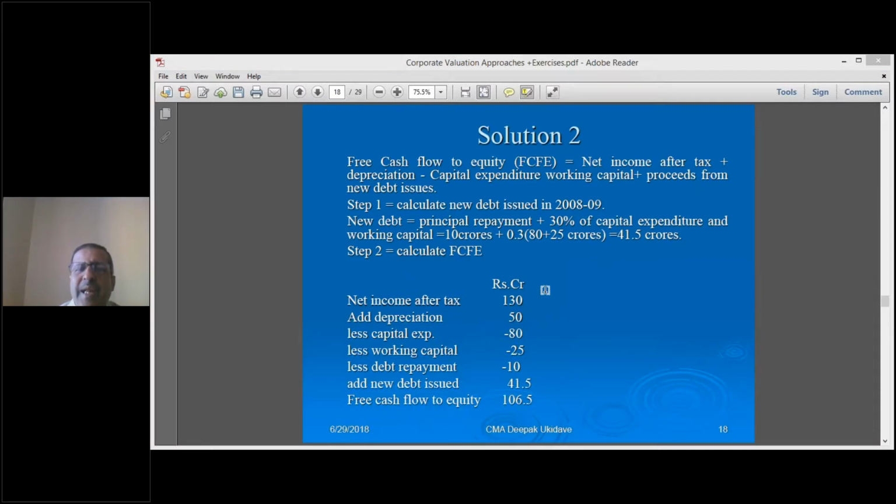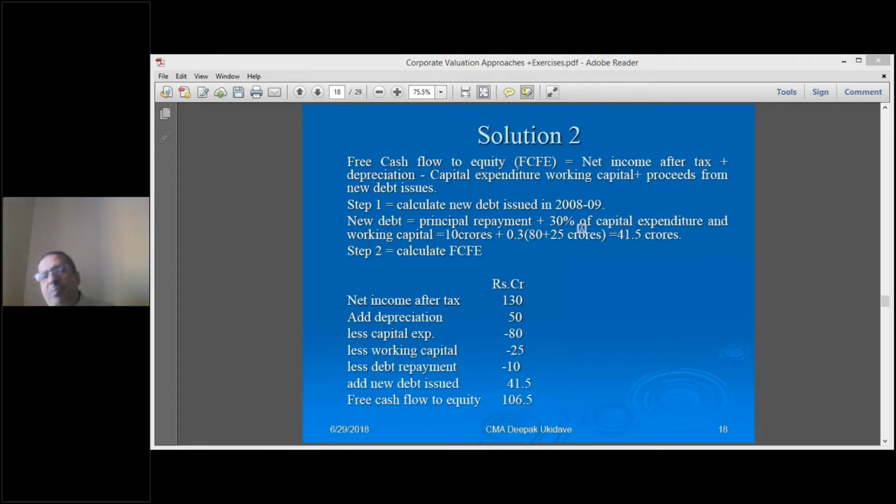Look at this. Net income after tax is 130 crore. Add depreciation 50. Less capex 80. Less working capital 25. Less debt repayment 10. Add new debt raised. We'll have to prepare a working note for new debt raised, which is 41.5. How did 41.5 come? To repay the existing debt, that is 10 crores, plus 30% of capex plus working capital.